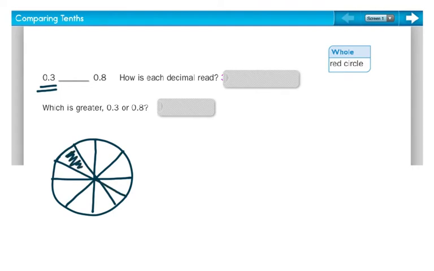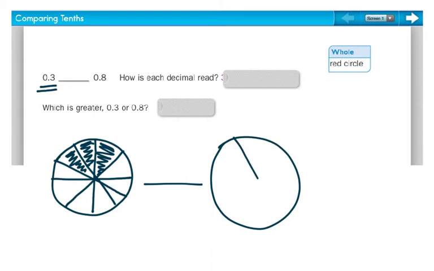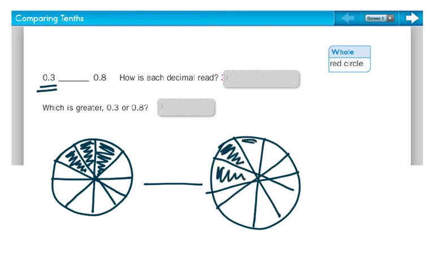And 3 of those 10 being circled in, compared to 8 out of 10. Eight tenths. So it's just another way to write it.